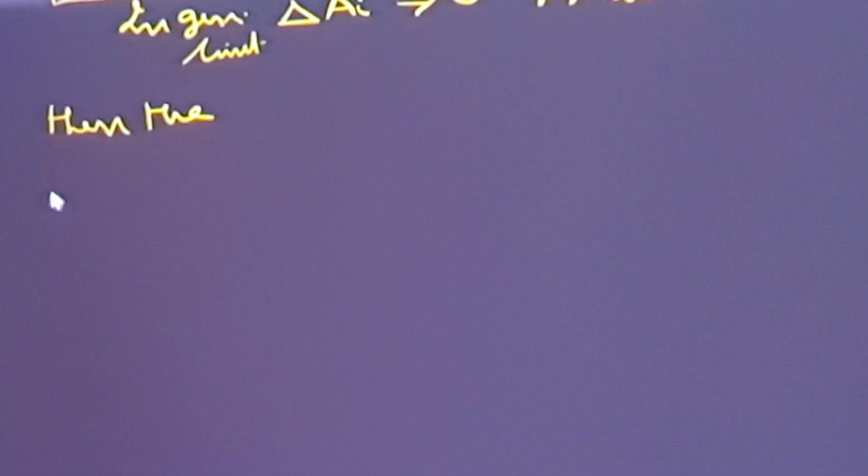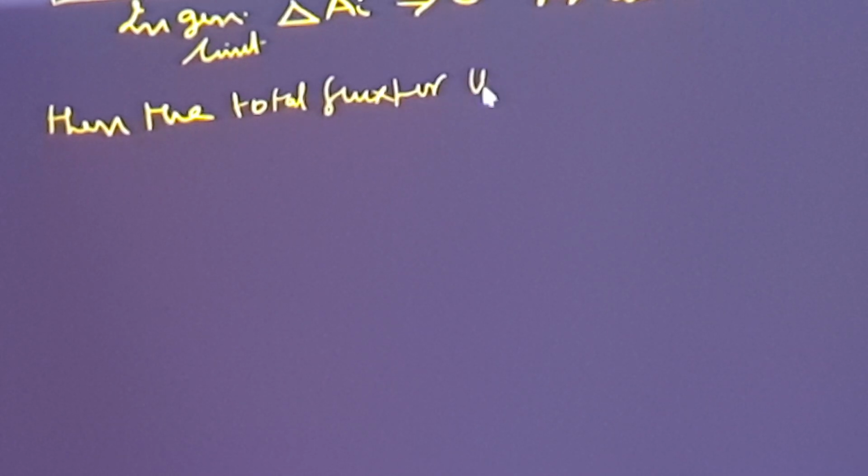Then the total flux for the entire area can be written as phi of E is equal to, first of all, in terms of summation.